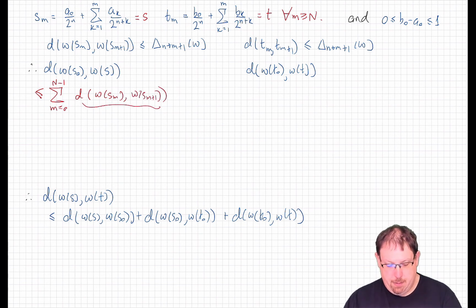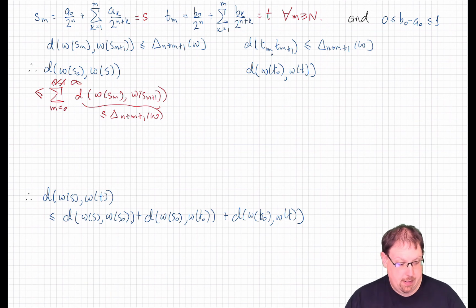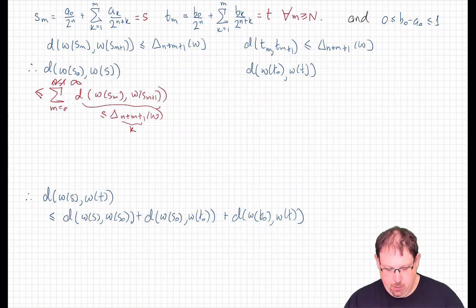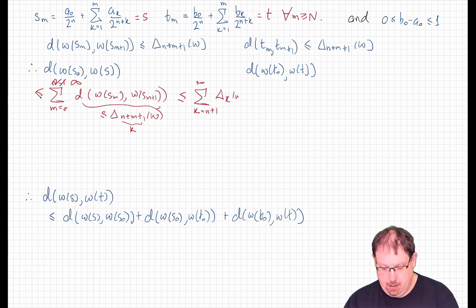But we just established that those terms are less than or equal to delta_{n+m+1} of omega. And now I'll throw caution to the wind and bound that further by taking the sum all the way up to infinity. And now I'll reindex the sum by calling this thing k, which means that the sum starts at k equals n+1. So this whole thing is less than or equal to the sum k going from n+1 up to infinity of delta_k of omega.